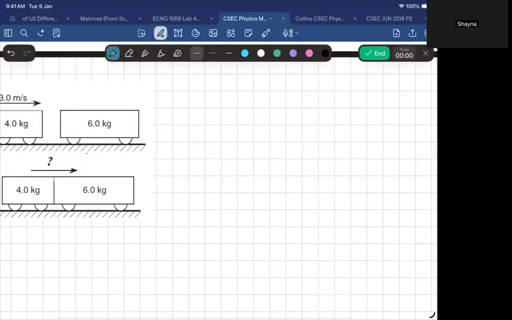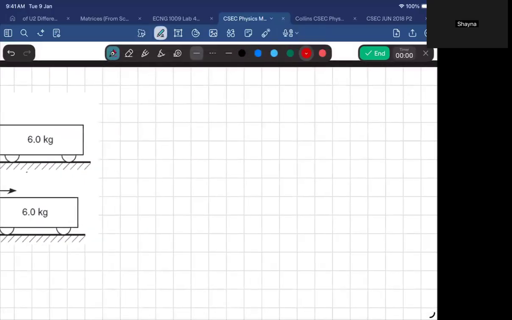Before we start, could you remind me what the law of conservation of momentum says? That the momentum before is equal to the momentum after.